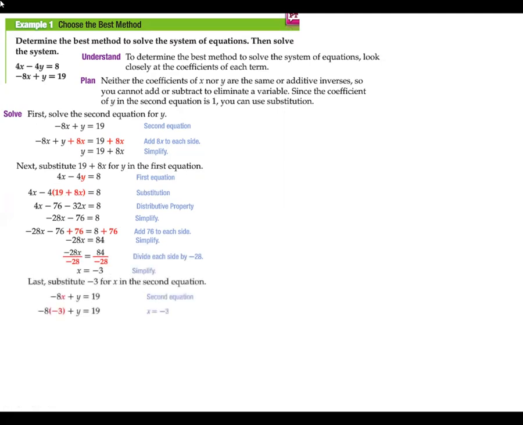Once you know x equals -3, you could substitute that in either equation. I would use the second one because y is already by itself, or y has a coefficient of 1. So I plug in -3 for x, and simplify, you get y equals -5. So the ordered pair is -3, -5.